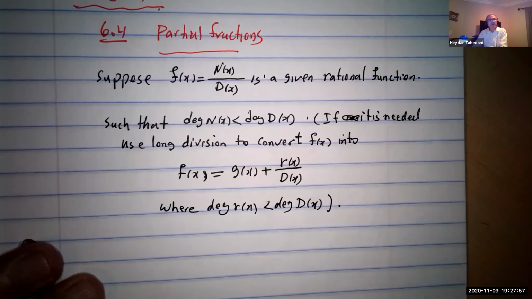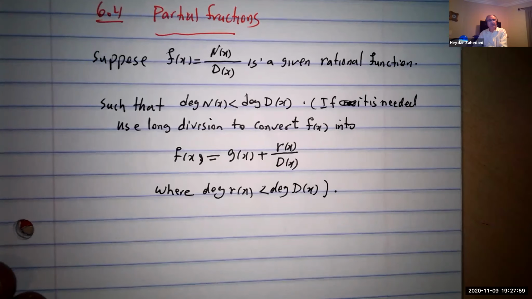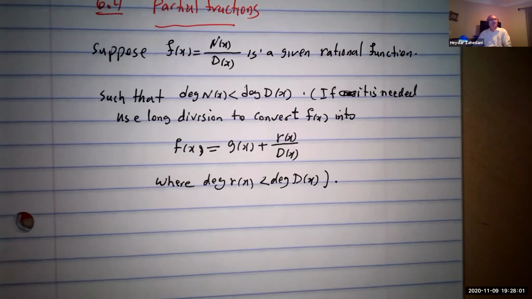In all the problems that I'm going to give you, you don't need to divide, but there are a couple of them in your book that you have to divide. So we assume that we have proper fractions.